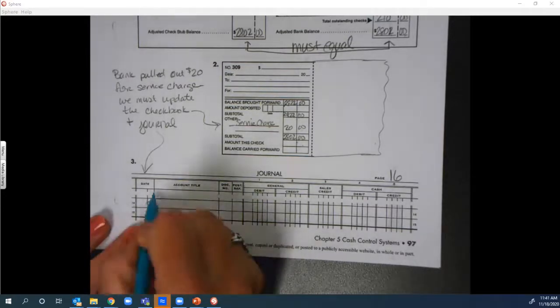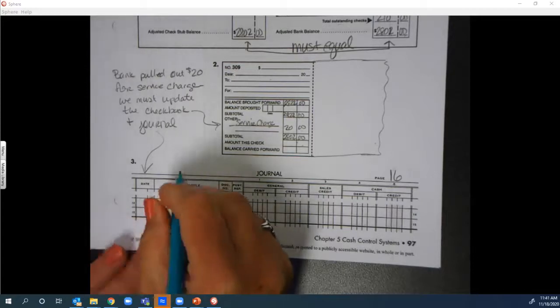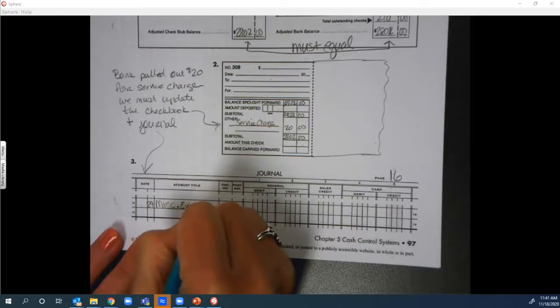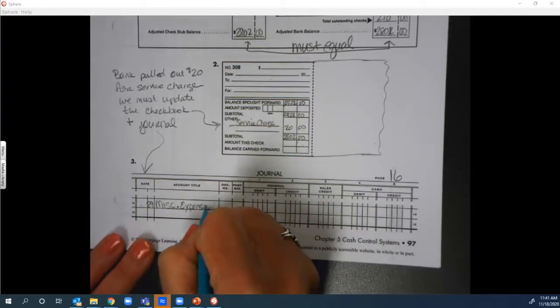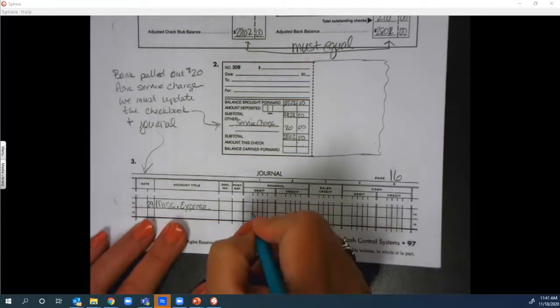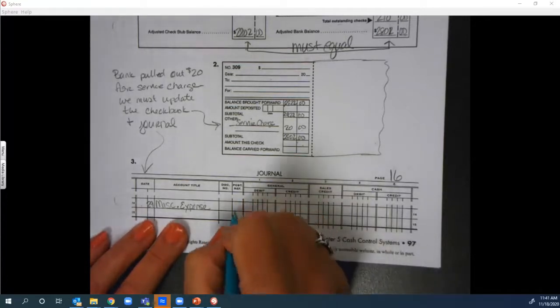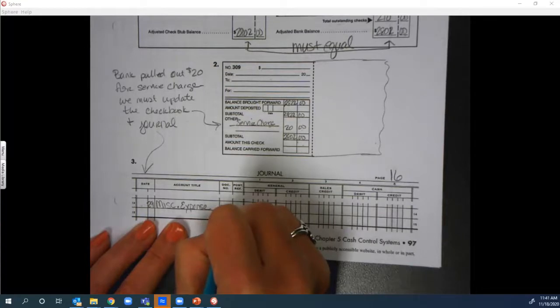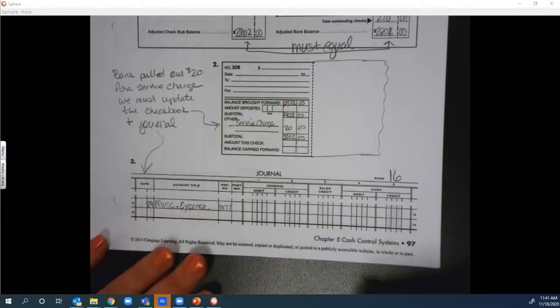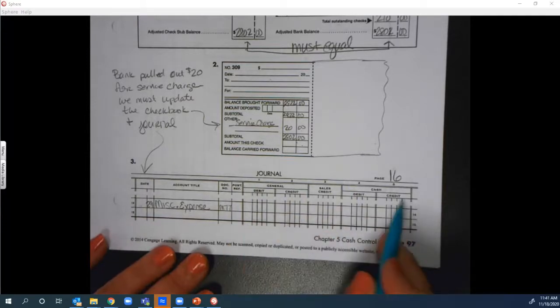All right, and this is a miscellaneous, and I will let you abbreviate because that's a hard word to spell and say, and we really don't have enough room on these lines for it. Okay, so miscellaneous expense. It tells us in the book we're on memo 77. And where's it going to go?